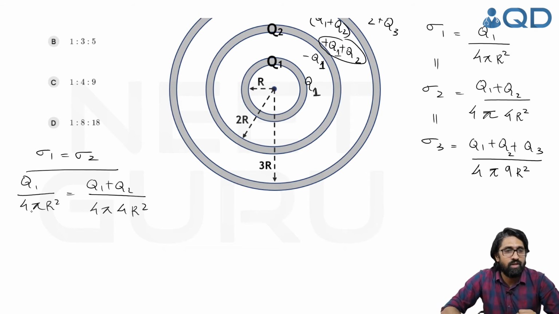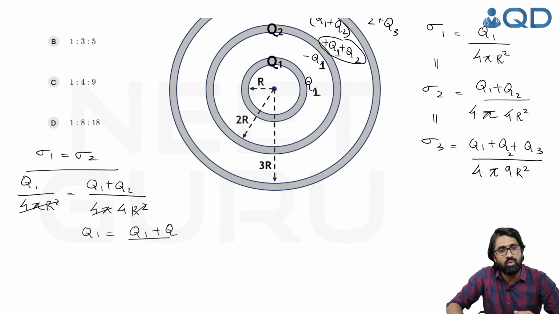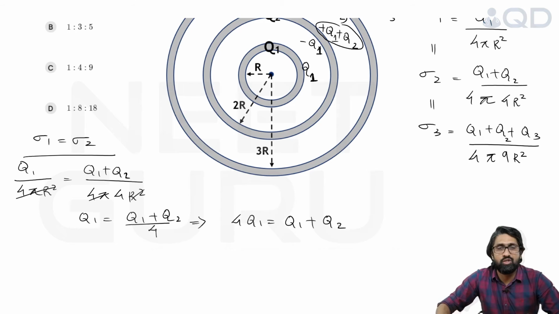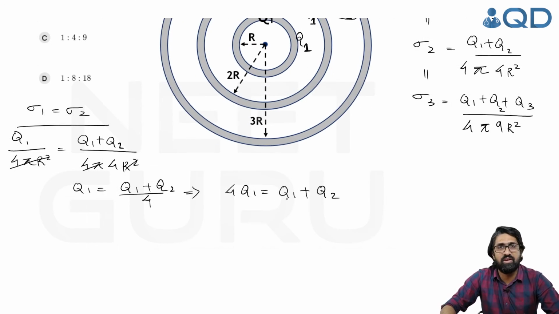Now, I can cancel off 4 pi r square from both sides. Then I'll have q1 is equal to q1 plus q2 divided by 4. On rearrangement, this implies 4q1 is equal to q1 plus q2, which means 3q1 is equal to q2.